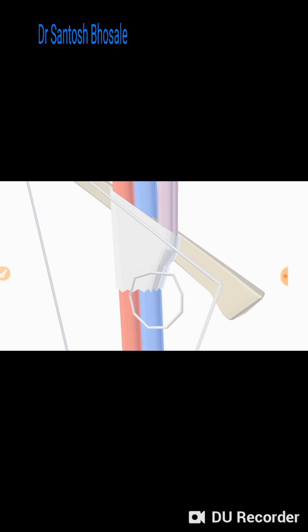This femoral canal is prone to hernia. Some coils of intestine may protrude through this potential space and come out through the saphenous opening and cause a femoral hernia.